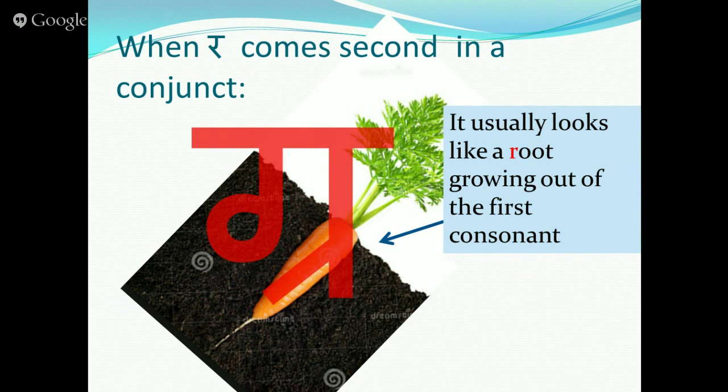Now, when the Spanish R sound is the second letter in the conjunct, it looks like this root that's growing out of the consonant. See how the g has this carrot growing out of it. So this would not be g. This would actually be gr because of the little carrot growing out.